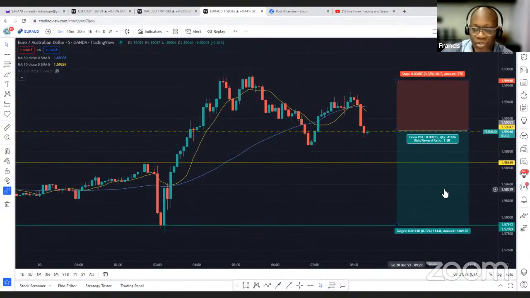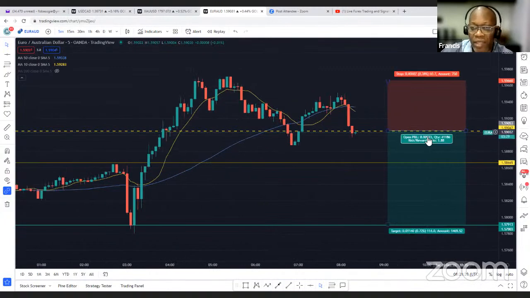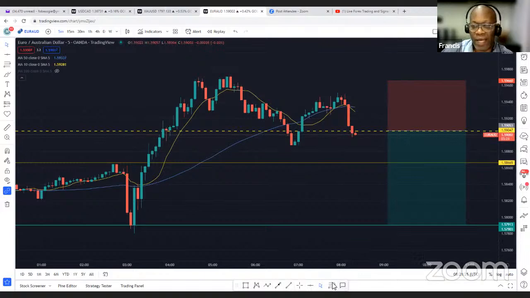If we can get this trade today, that'll be quite good. It's almost a risk to reward of about 1 to... sorry, about 2 really.